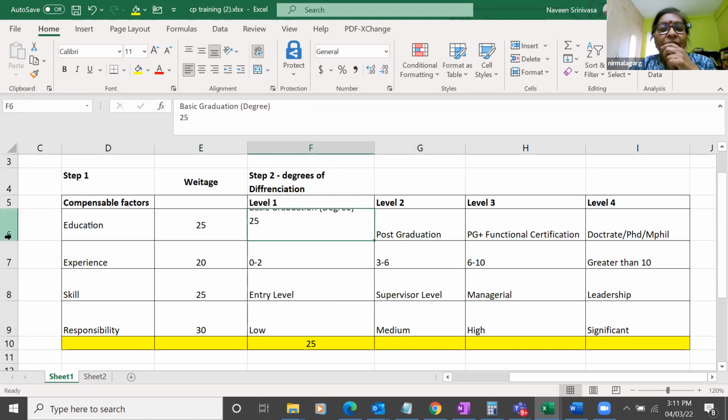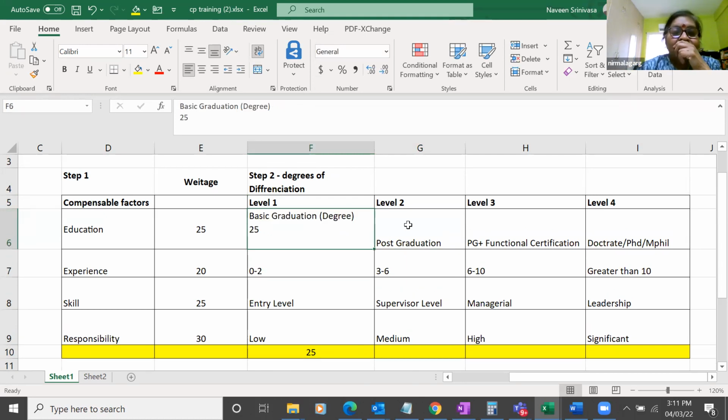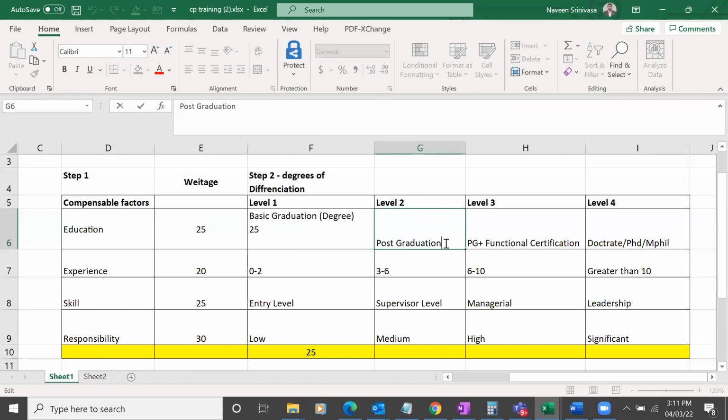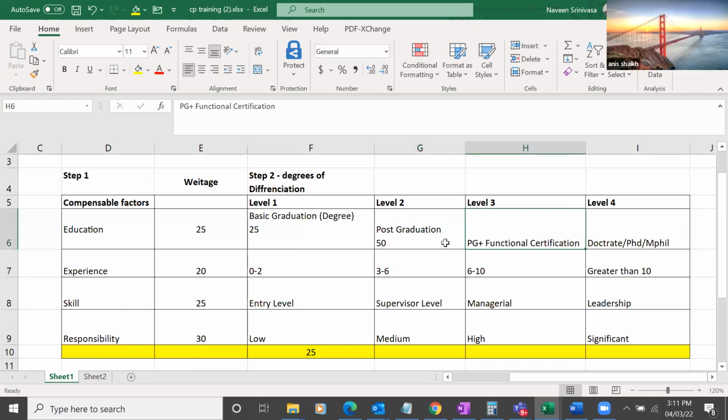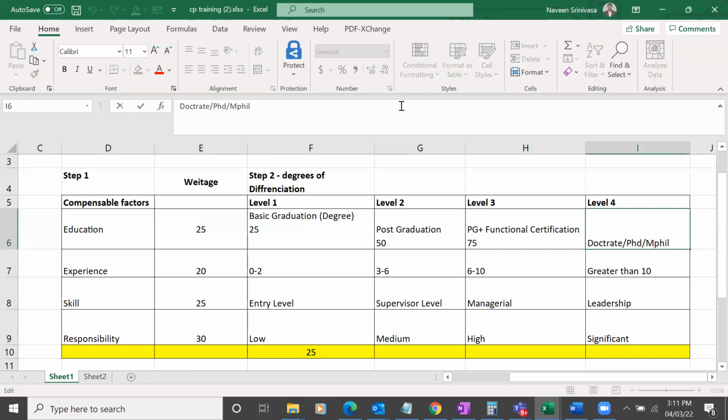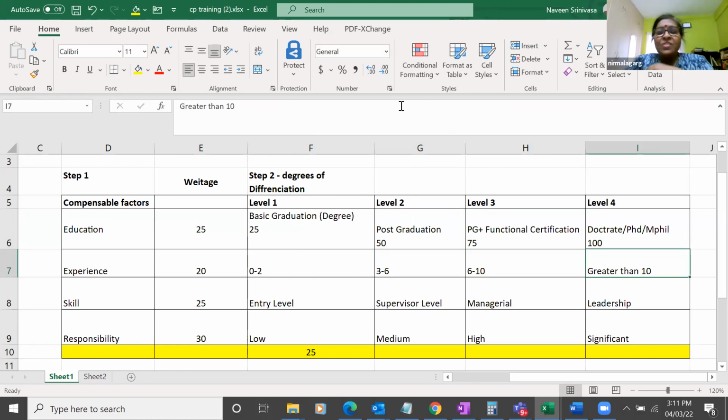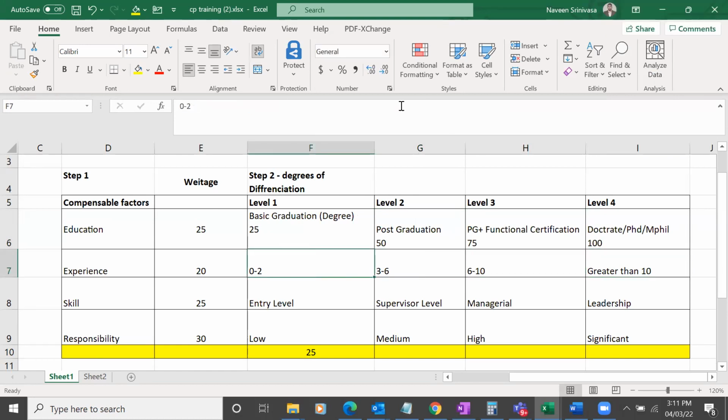Now level 2 will become 50. I will leave 3 and 4 for you to fill in. 75 and 100. Now the next one also, please fill in. 20, 40, 60 and 80.